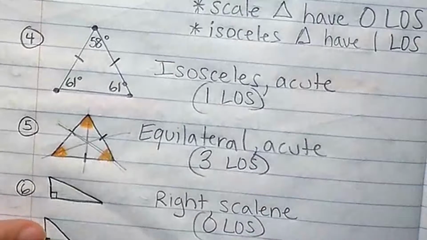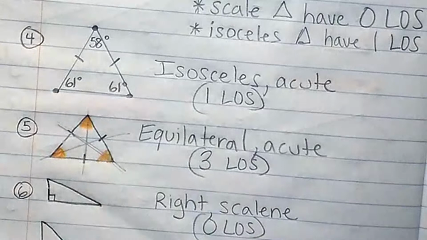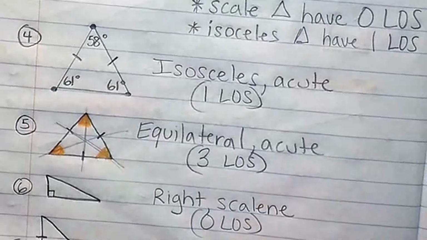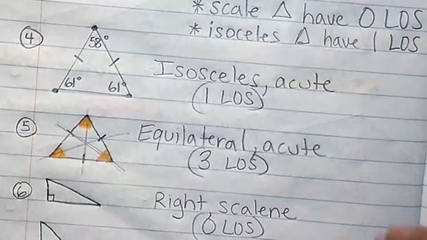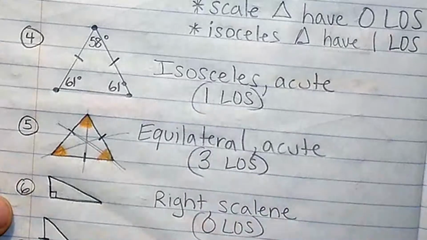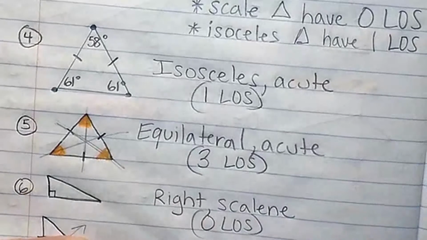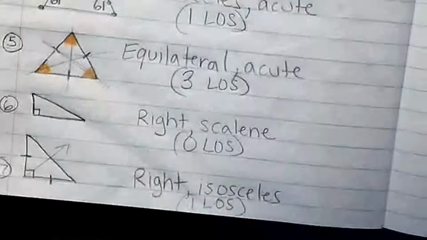That tells you that those 2 sides are equal to each other. 2 eyes, 2 sides. What's the name of this triangle? This is a right isosceles. And if it's isosceles, that means we have 1 line of symmetry right down the middle. Oops, let me slide my notebook up so you can see that. There we go.